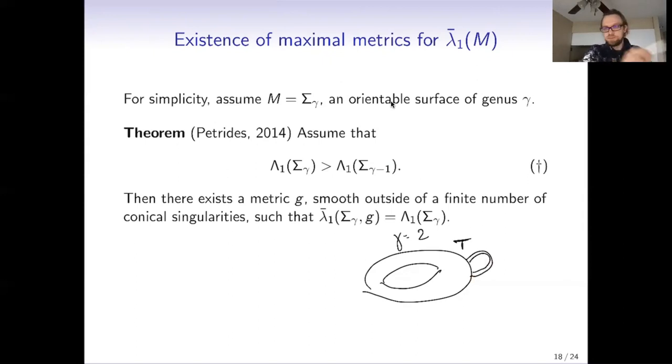This is just a tiny, tiny handle, and the spectrum converges as well. It's a tiny handle whose length is going to 0 and whose circumference is going to 0, so it's just a collapsing handle. The resulting metrics are metrics on the genus 2 surface, which converge to a value on the torus.